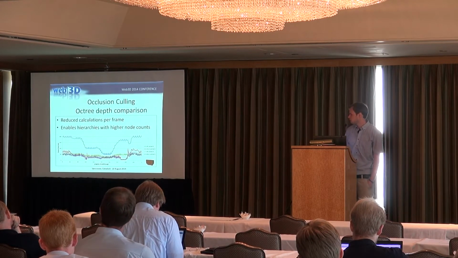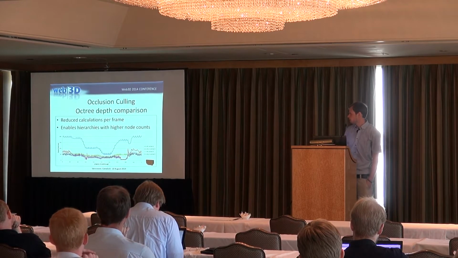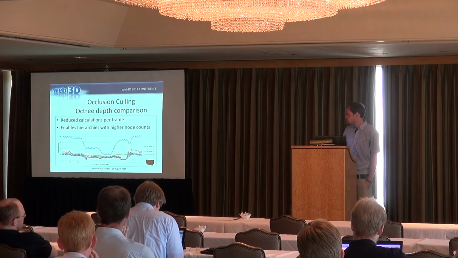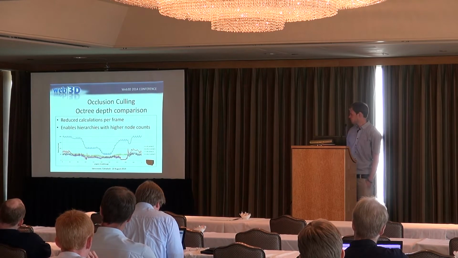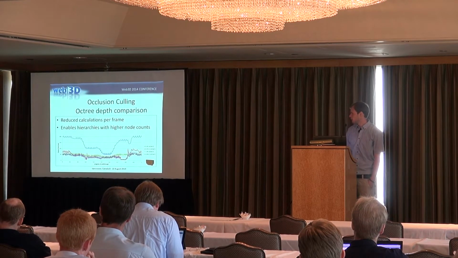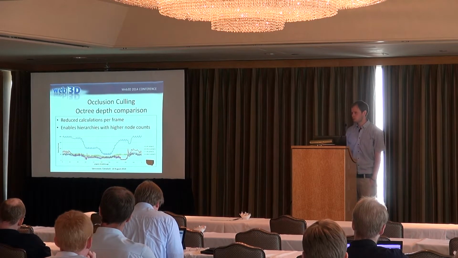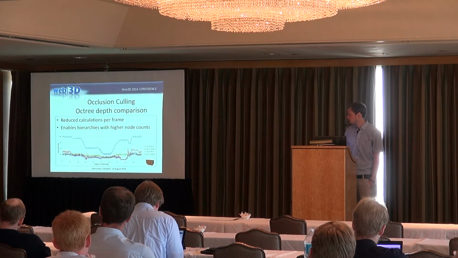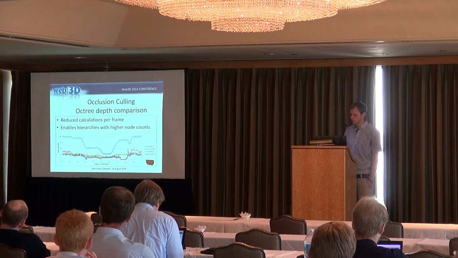And if we combined view frustum culling with occlusion culling, the purple line is for the octree of level 4, and the red line is for the octree of level 5. And we see that, with the addition of occlusion culling, we could employ hierarchies of node count which we had not been able to render at an interactive frame rate before.